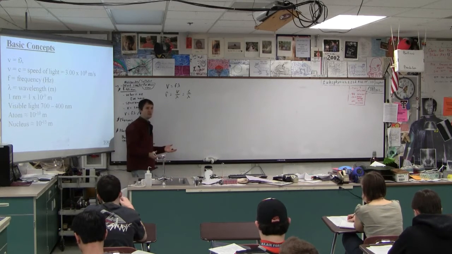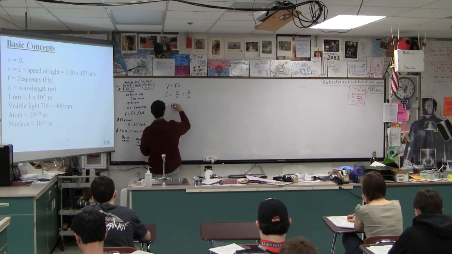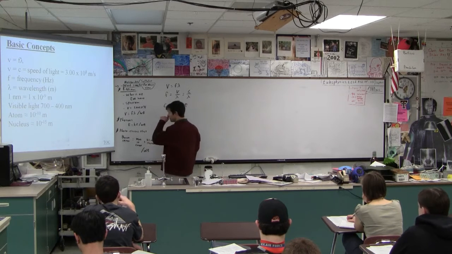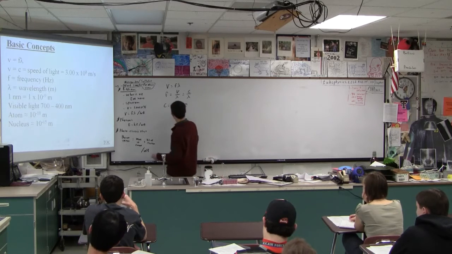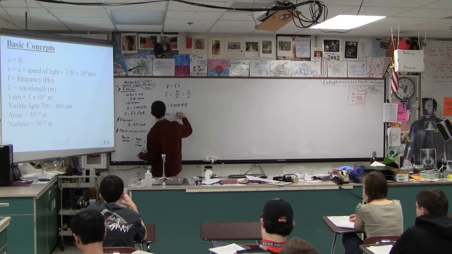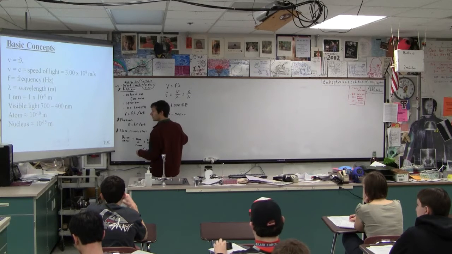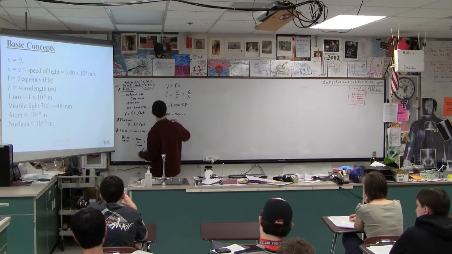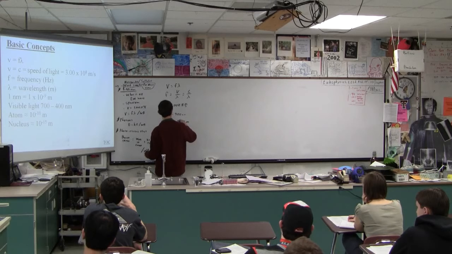Whenever we see v in our wave equation, we put in c. c is 3.00 E8 meters per second. That's very handy. Visible light is from about 700 to 400 nanometers. And a nanometer is 1 E minus 9 meters, a billionth of a meter.